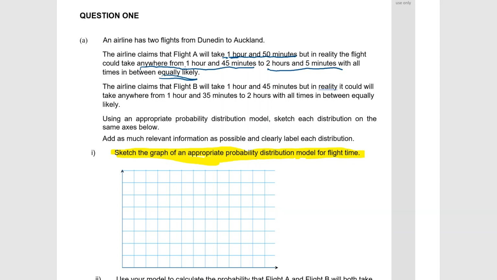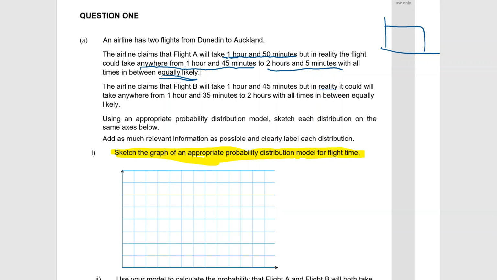Already we should be thinking, what sort of distribution would that be? All times between being equally likely. Well, there's only one distribution model that caters for that, and that is the uniform distribution, or rectangular distribution. So we know we're going to be drawing a rectangle.